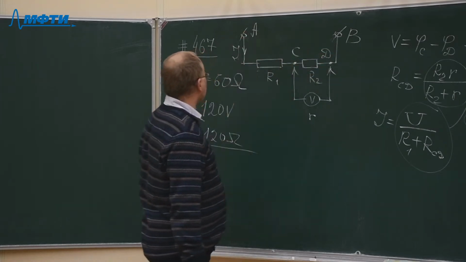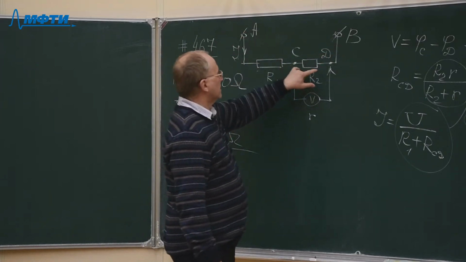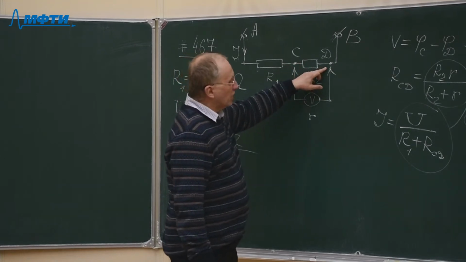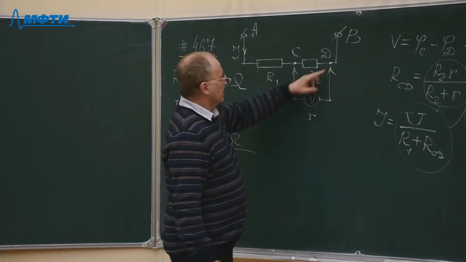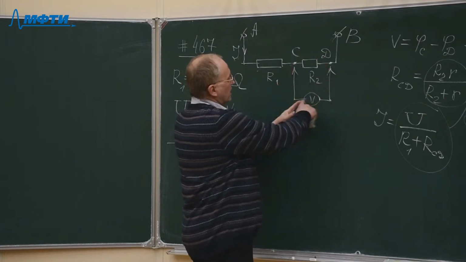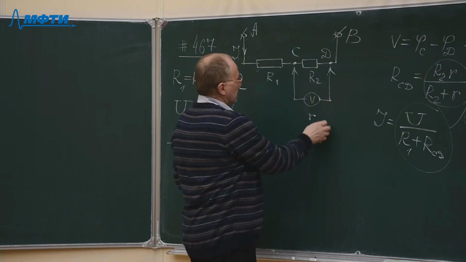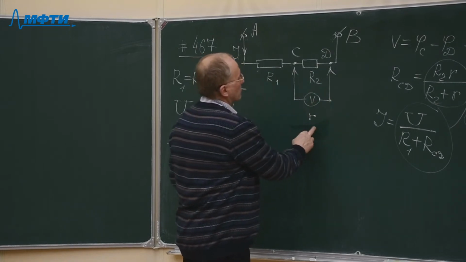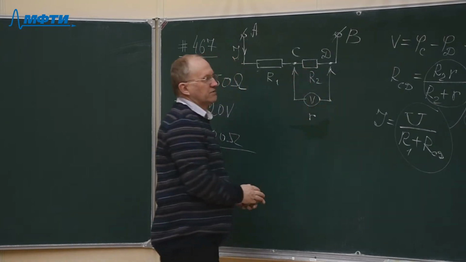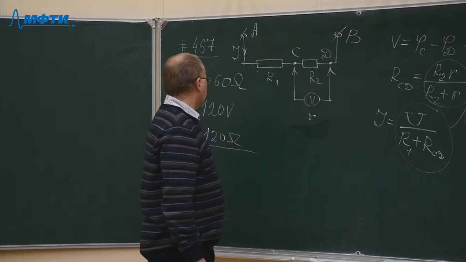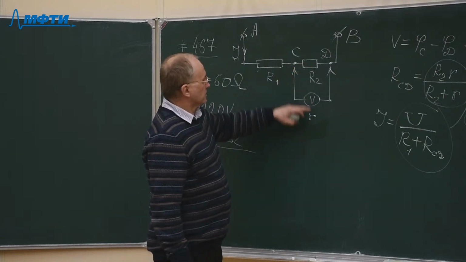Total potential difference will be 120. But the situation is changed if we connect a voltmeter to measure the potential difference here, and the voltmeter internal resistance is comparable to the resistance on which we try to measure the potential difference.